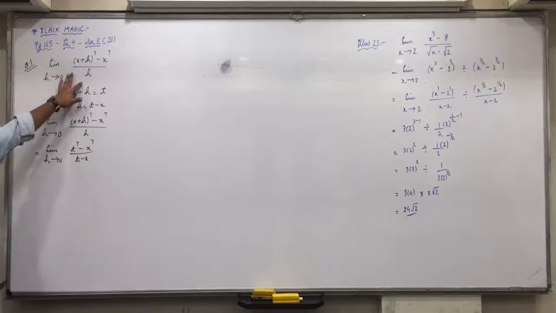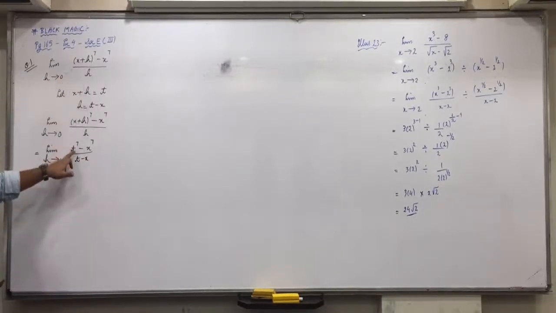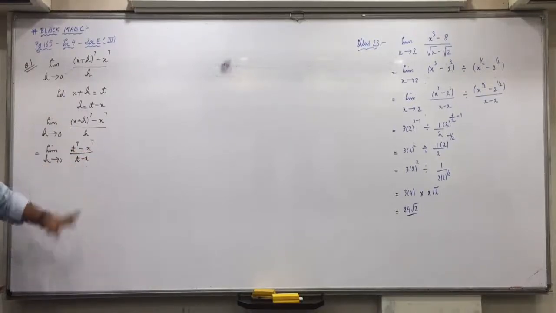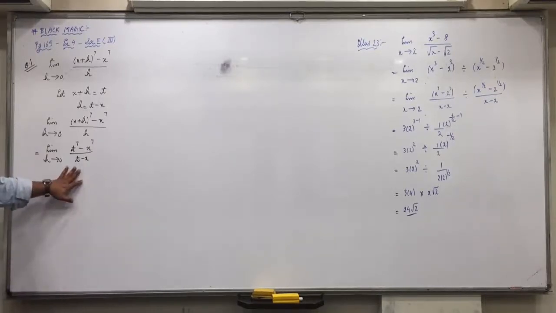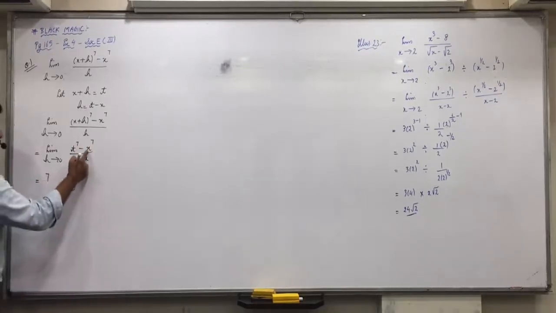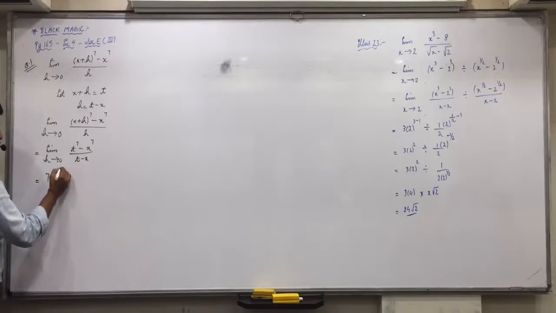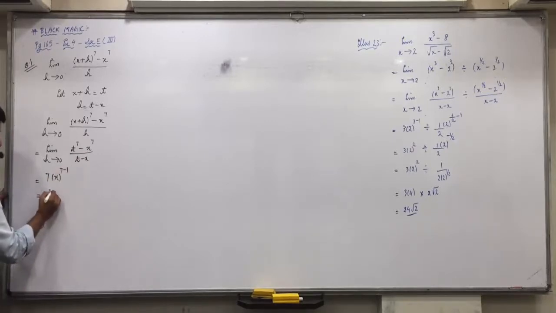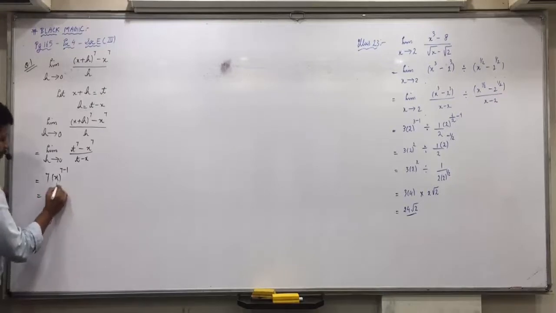This complicated question gets converted into x raised to n minus a raised to n upon x minus a. By applying this black magic, we can use the magic n a raised to n minus 1. Now what is n? What is in place of a? n minus 1, 7 x raised to 6. This is the final answer.